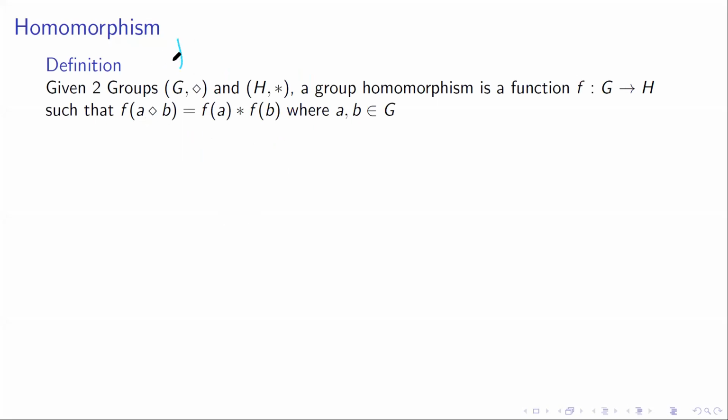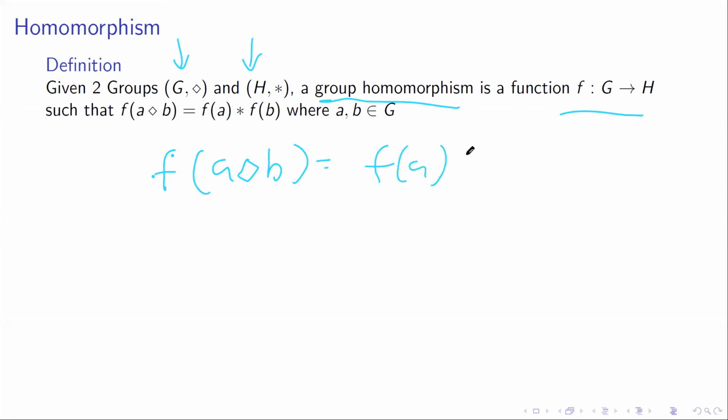Basically, we have two groups, G and H. A group homomorphism is a function f such that f(a ◇ b) equals f(a) times f(b).